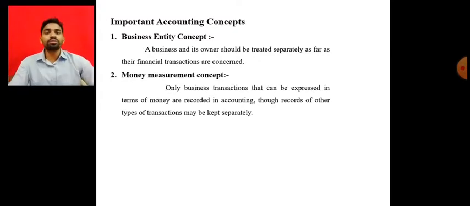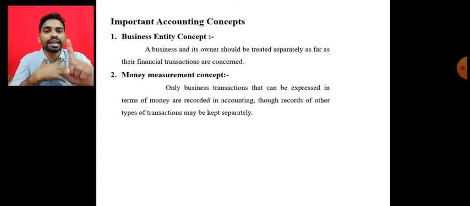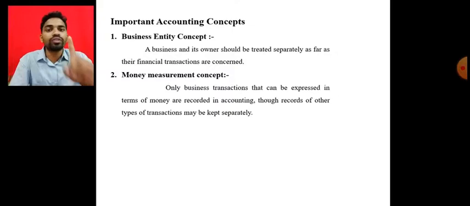Suppose X is going to start a business, and the capital is rupees 50,000, stock of 2 tons, and 5 machines. Out of this information, only one item can be recorded in the account books, which is that the capital is rupees 50,000.